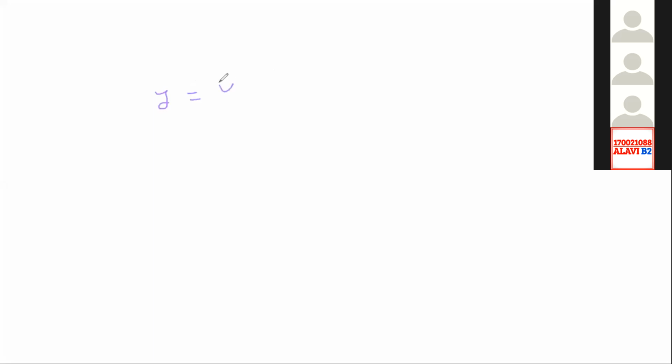One we called the zero input response, and the other part was called Y ZSR, the zero state response. Your zero input response will not contain any input, and your zero state response will contain the input.